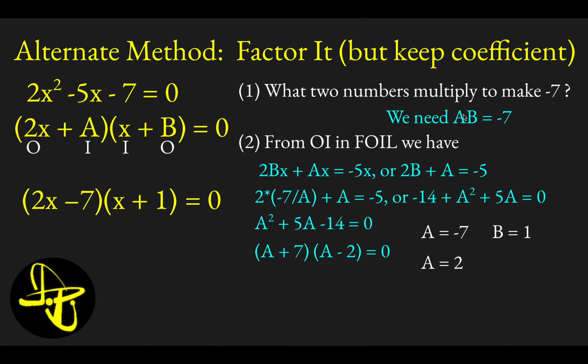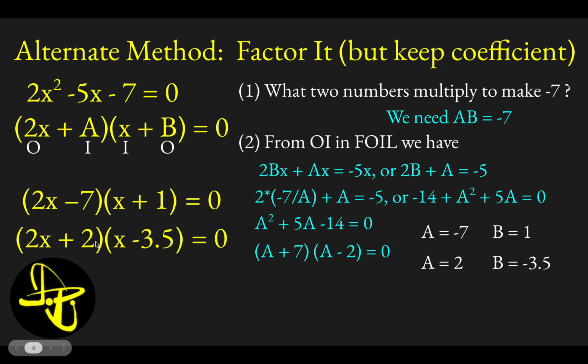In that case, since ab is -7, your b is going to be -7 over 2, or -3.5. And so another equally good way to factor this would have your a value being 2 and your b value being -3.5. So both of these are equivalent ways to factor this expression.